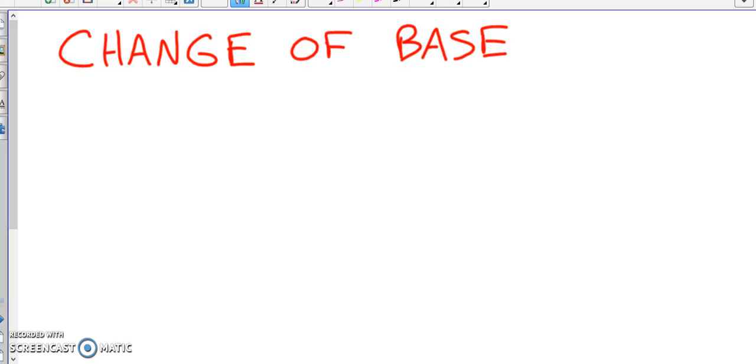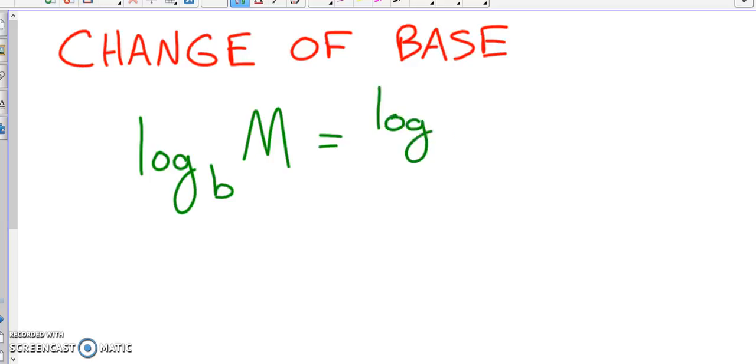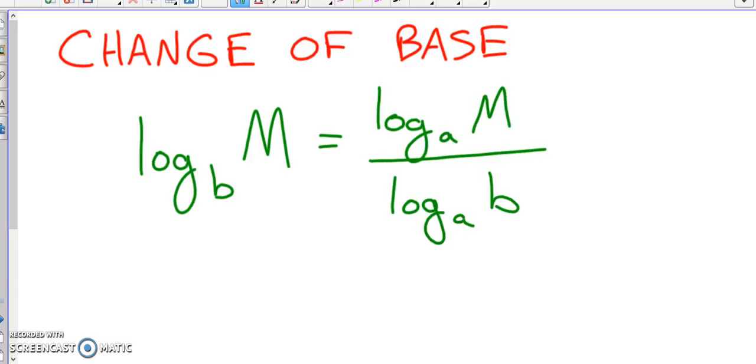Some of the fancier ones, you can fill in a different base. But anyway, so here's the formula. If you want to take log base b of m and do it in terms of a different base, it works like this.